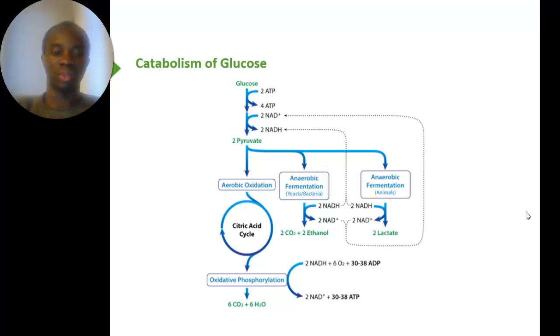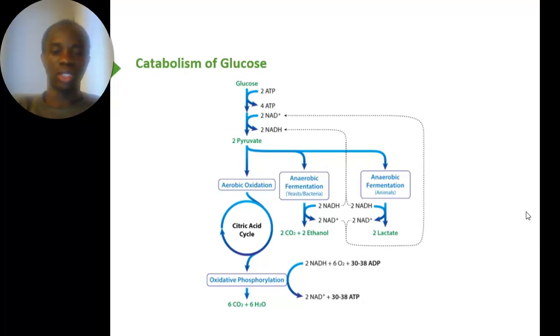And like I said, one of the major simple sugars is glucose, aside from fructose, galactose, and several other simple sugars or monosaccharides that exist. That's why there is much focus on glucose.